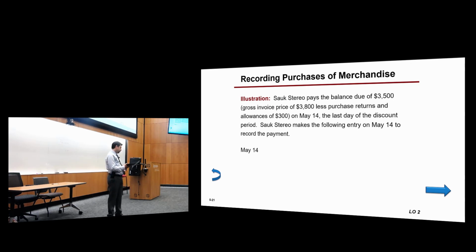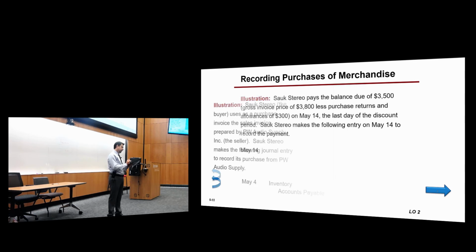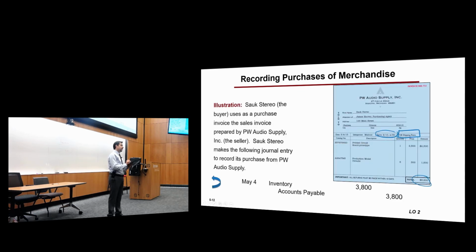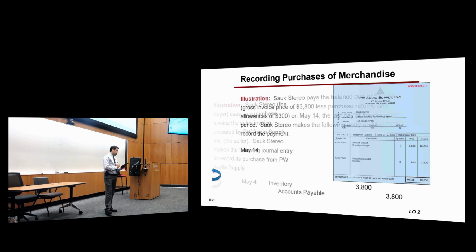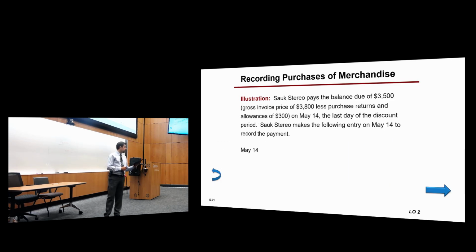The discount was 2%. So this is here. It was 2/10, n/30. So the discount is 2%, which is $70. So the company will actually pay 3,430. This is the amount of cash that the company pays.